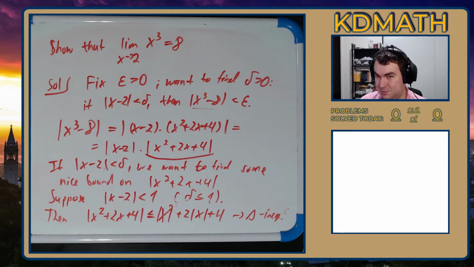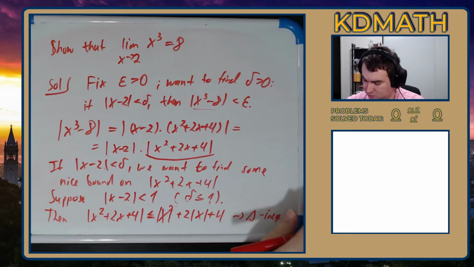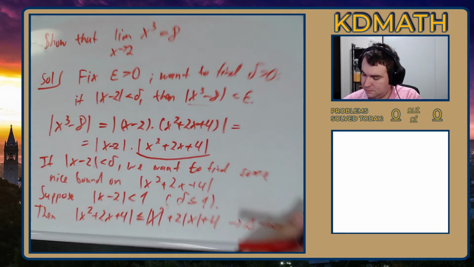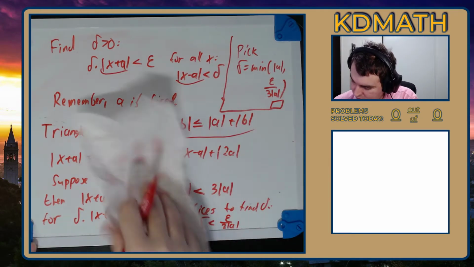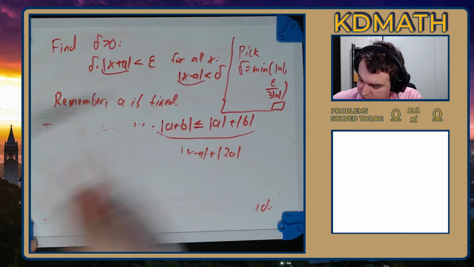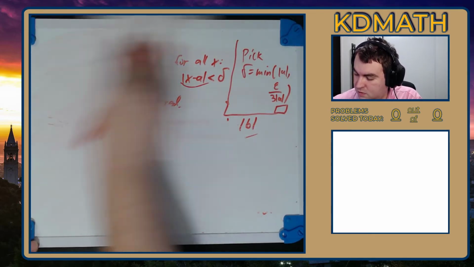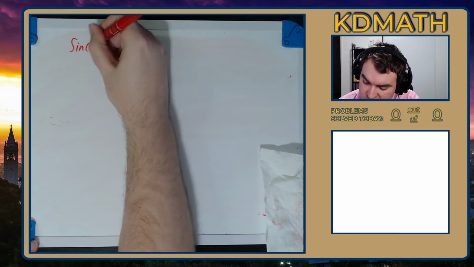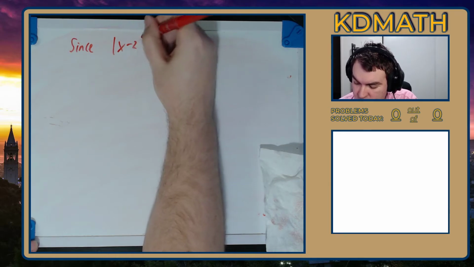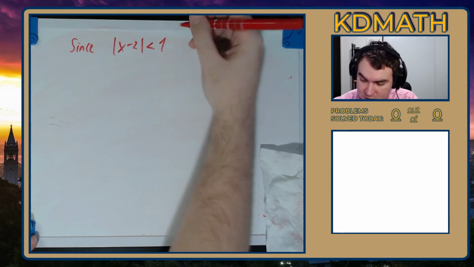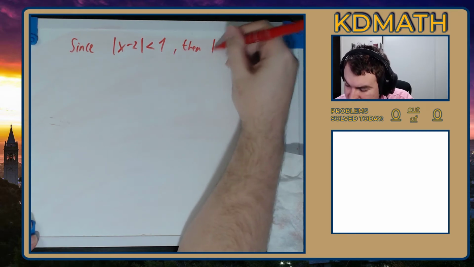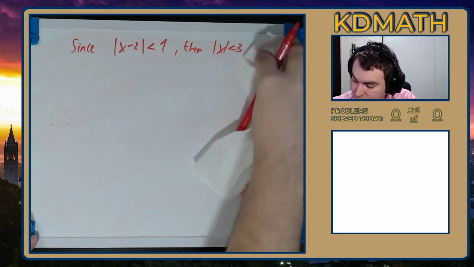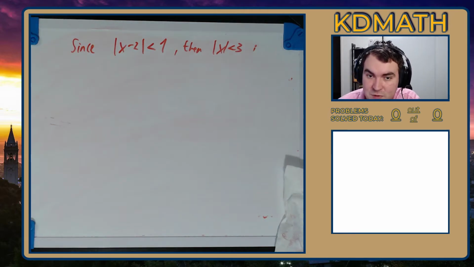Well, let's keep going. What smart thing can we say after we take a screenshot? You can say the following really smart thing, which is that since absolute value of x minus 2 is less than 1, then absolute value of x is less than 3.